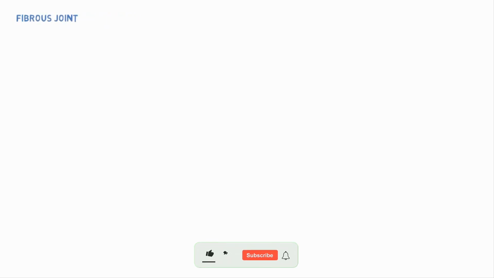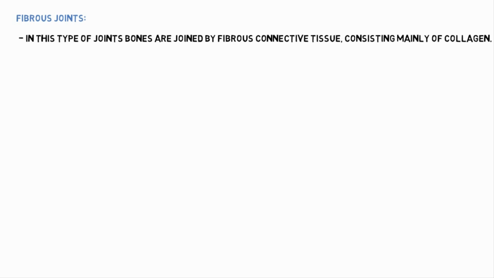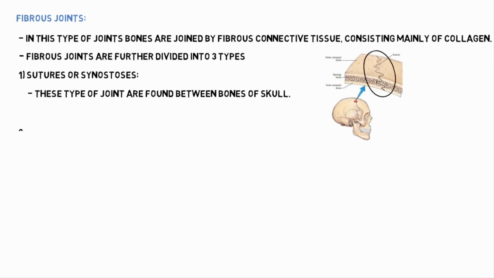First type of joint under structural classification is the fibrous joint. In this type of joint, bones are joined by fibrous connective tissue consisting mainly of collagen. Fibrous joints are further divided into 3 types. First one is sutures or synostosis. These types of joints are found between the bones of the skull. Next is syndesmosis.